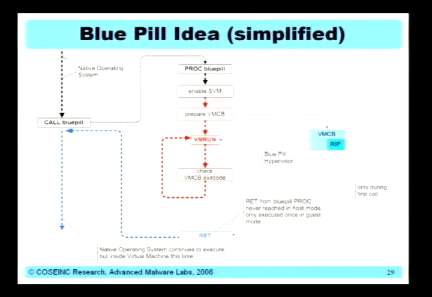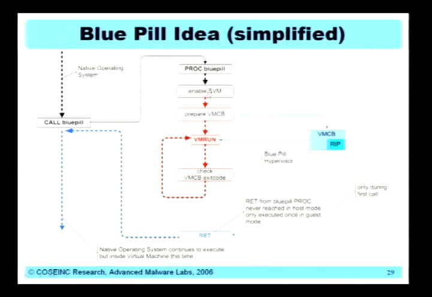So again, we start here. This is our native operating system. Let's say it's Vista. It is doing many different things, and suddenly it loads our Bluepill code. And this Bluepill code at some point, let's say, calls a Bluepill function. This function does the following.